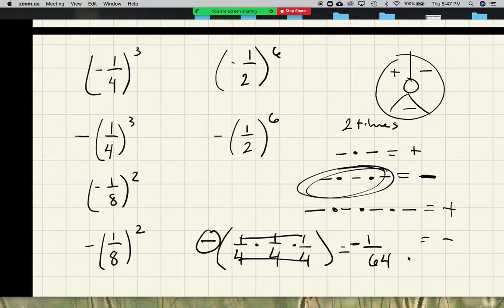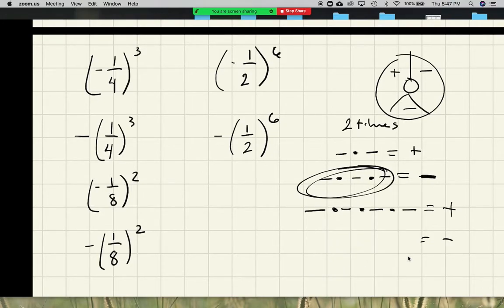Here's the weird part of the rule. Because when you multiply 2 negatives together, you get a positive. So if the negative is on the inside of the parentheses, that means you're writing down negative 1/8 times negative 1/8.